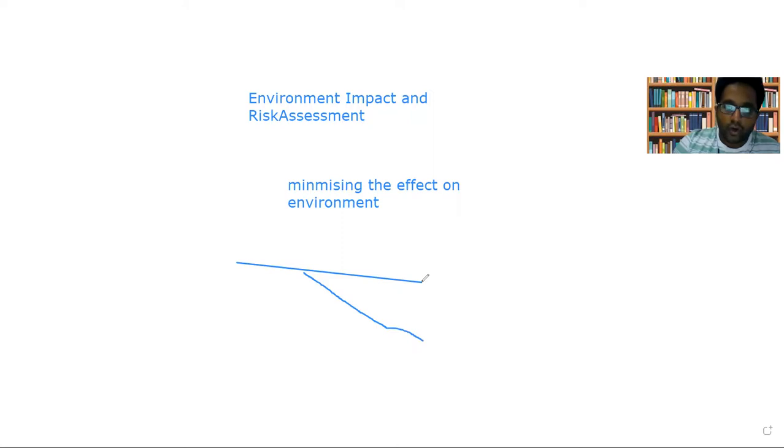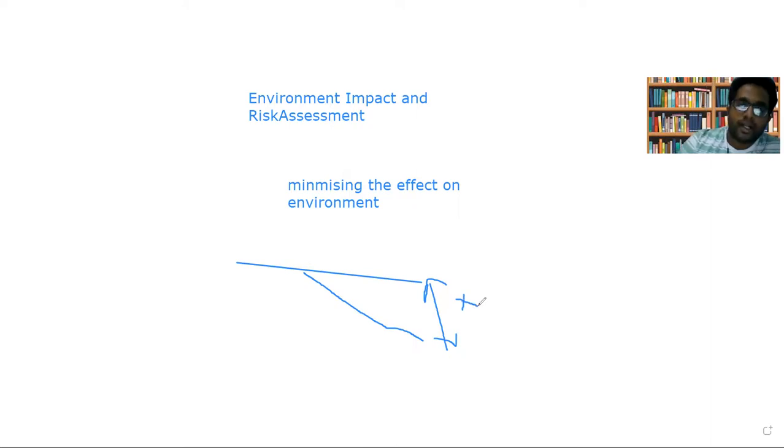Okay, so normally if you have the value here, this is the value of environmental condition if no development project was carried out. But if you have carried out a development project and there was some impact to the environment, you can note down this value as X. Now what happened?